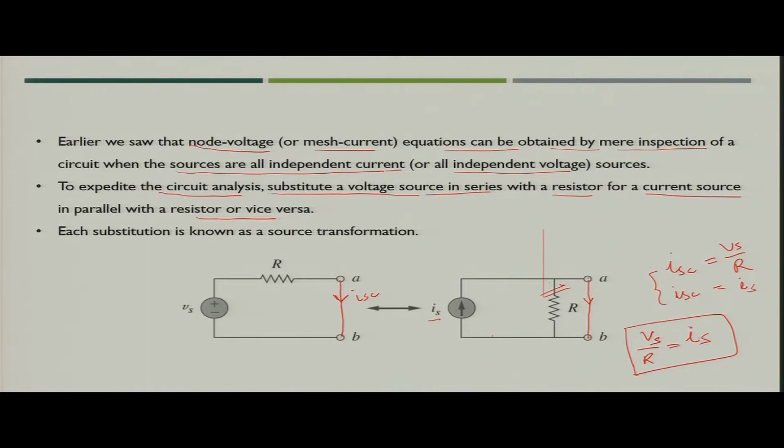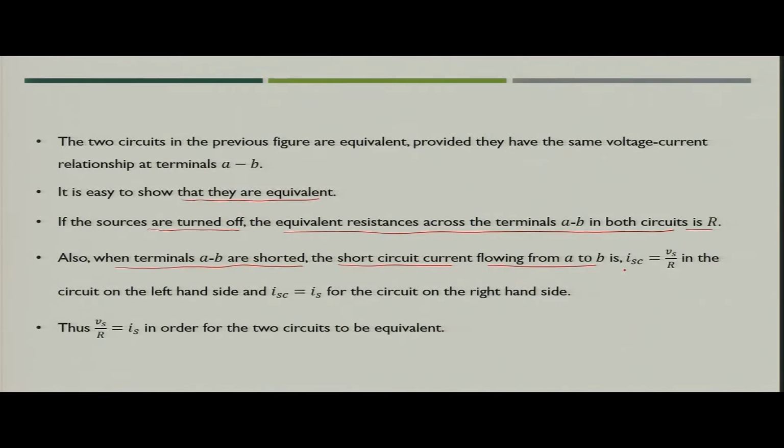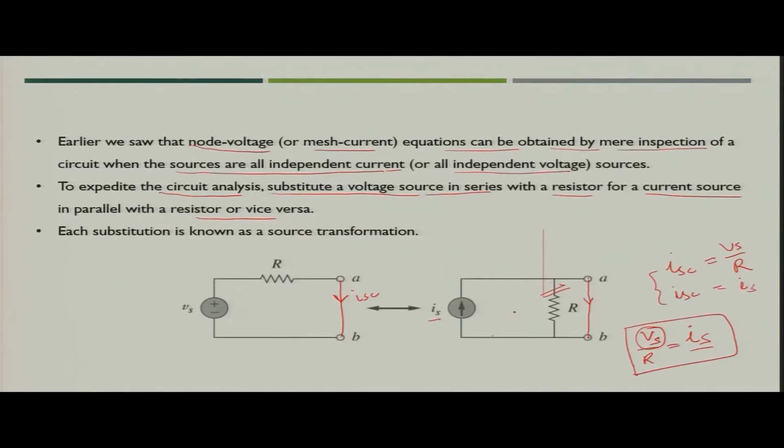So, this will give you the idea that when you want to do the source transformation, how the current source would be related to voltage source, right. So, this we got with the help of circuit, and now we found that this is the relationship between voltage and current sources when we are doing the source transformation.